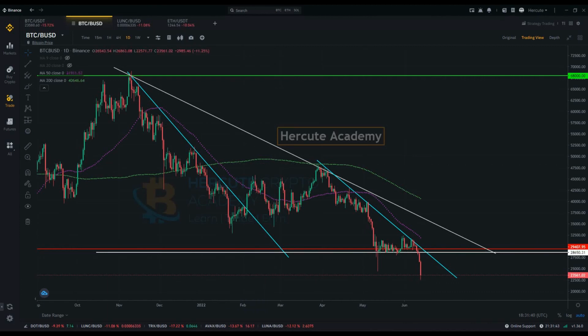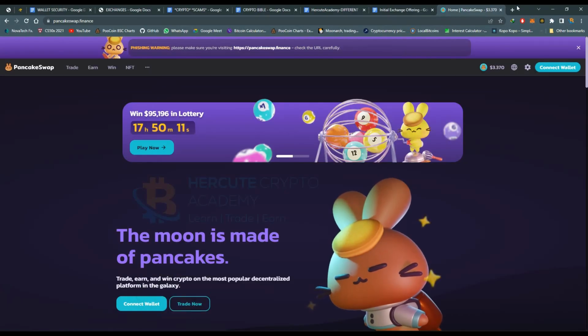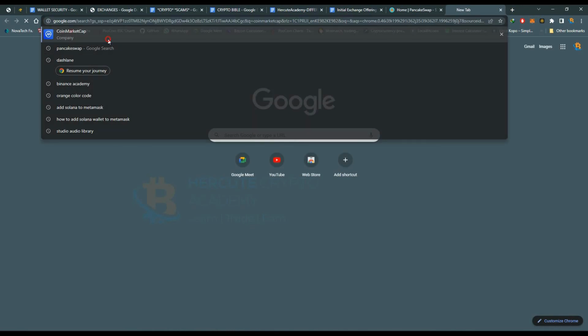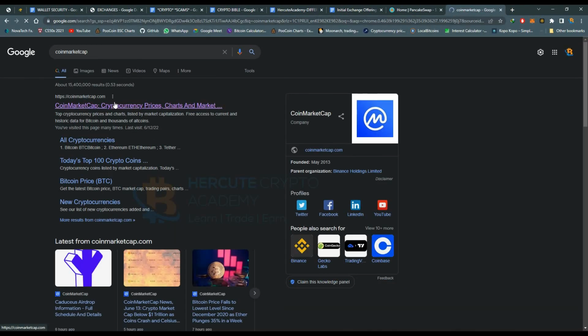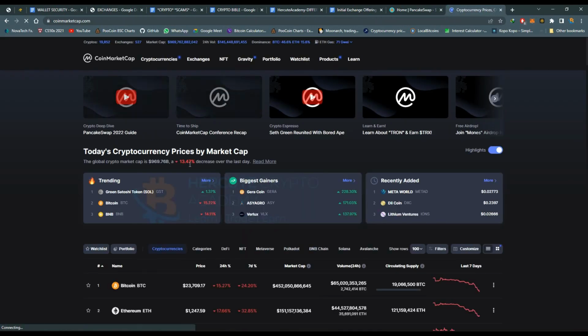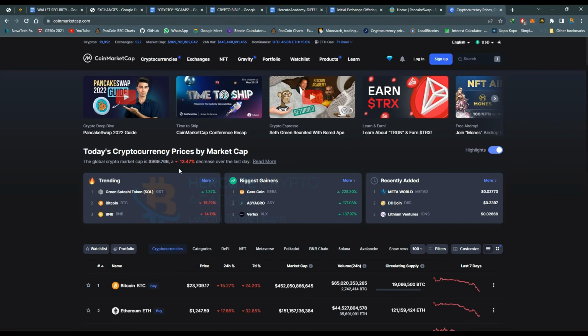If you go to CoinMarketCap today, you'll be surprised that we are actually trading below $1 trillion. The whole cryptocurrency market cap today is down by 13.47% over the last day. We are currently trading at $969 billion. We are out of the trillion mark.